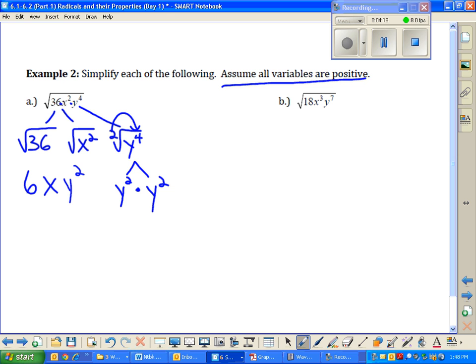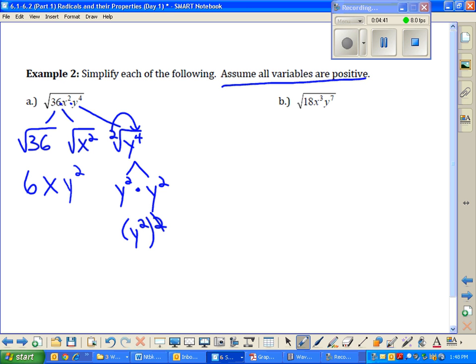So this is indeed like y squared squared. Well, when you go to take the square root of that, it goes away. It's y squared. So that's another reason. You could probably justify your response there. 2 plus 2 is 4. So the square root of y to the fourth is y squared.